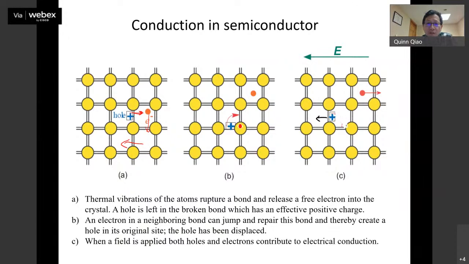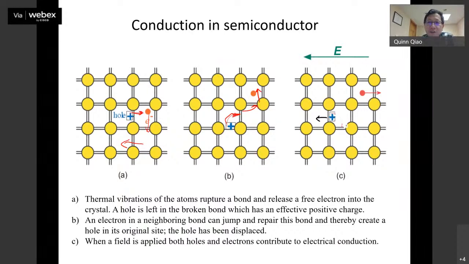If you have a hole, you have the same thing. The hole is basically a broken bond, or a missing electron. It can go to this position, and then that position. They can move around, migrating, or they recombine. That's how even pure, intrinsic silicon has some kind of conductivity.